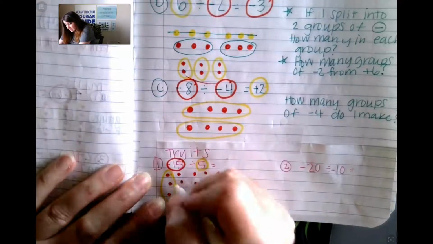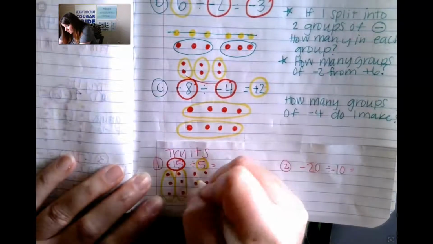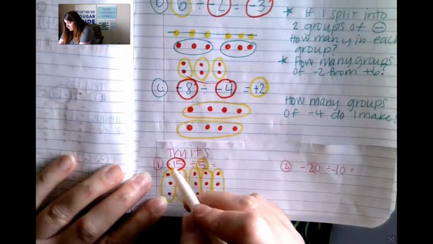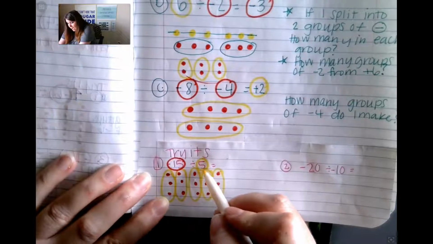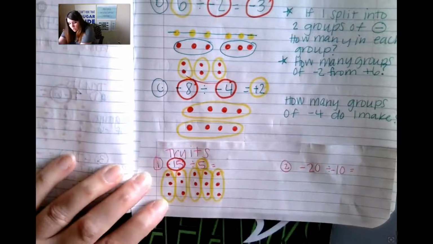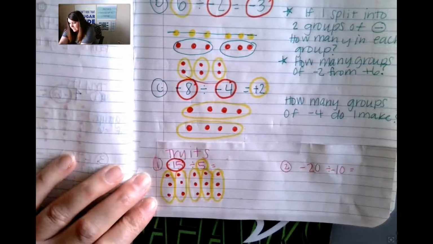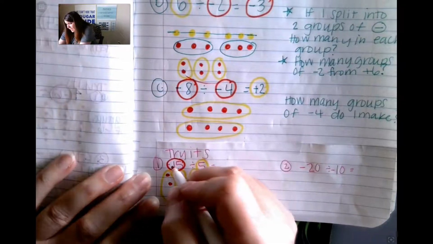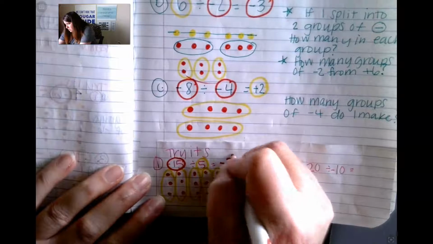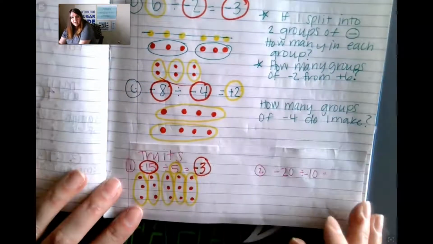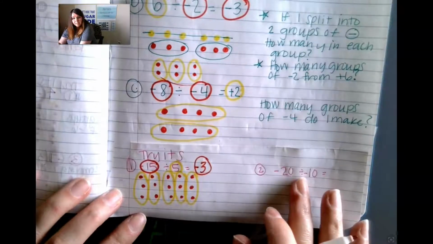So I need to split this into 5 groups, and then I need to know what's in each group. So here's 5 groups, so 15 divided into 5 groups is equal to -3 in each group.